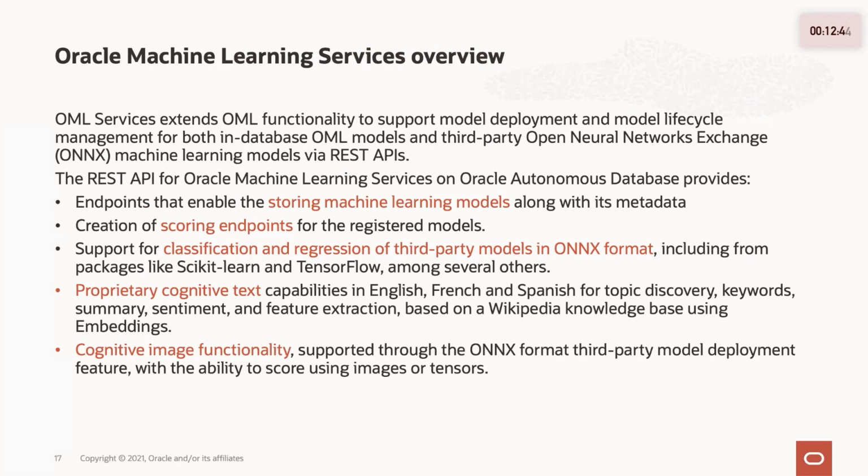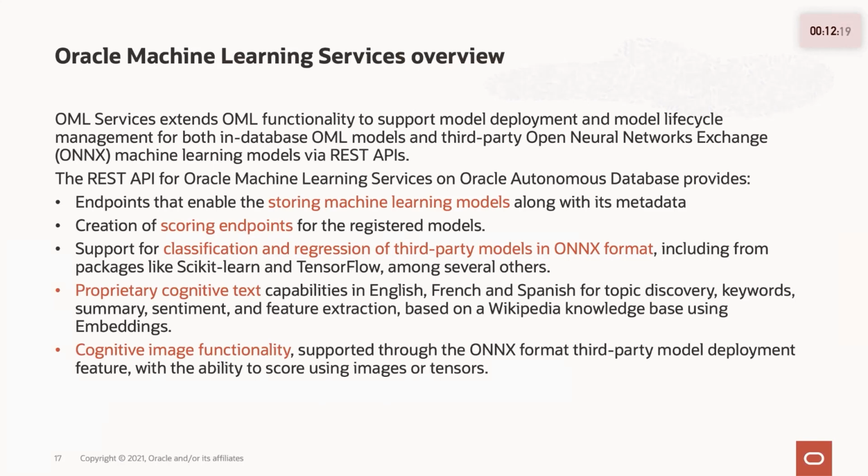So these are basically a lot of endpoints that are up and running on the data center where your autonomous database is. And it provides several capabilities, and we're going to see them, right? But basically, it is capable of storing your models, and it is capable of running the scoring endpoints for them. We're going to be able to run classification and regression of third-party models in ONNX format.